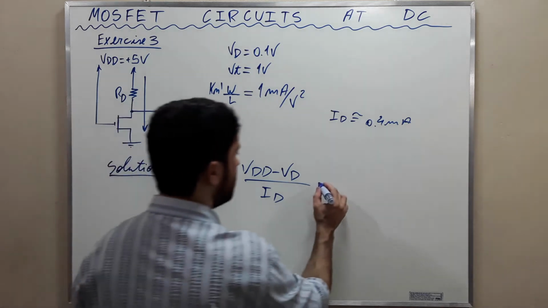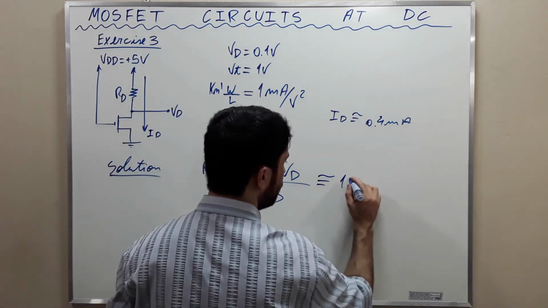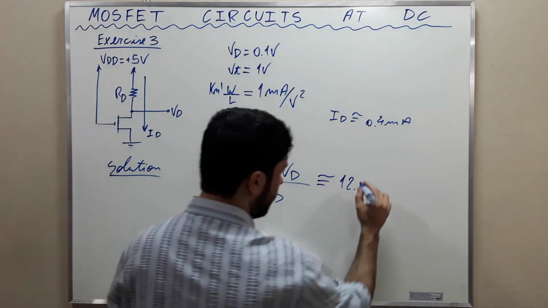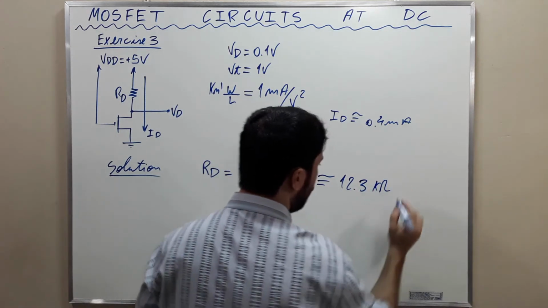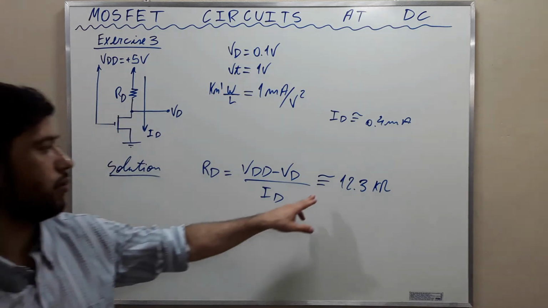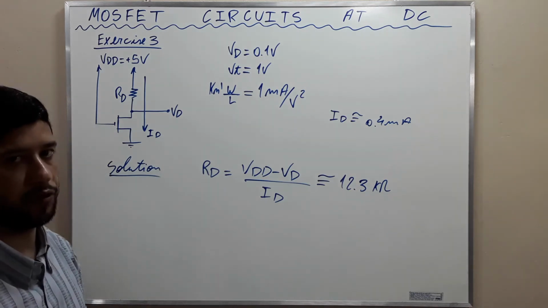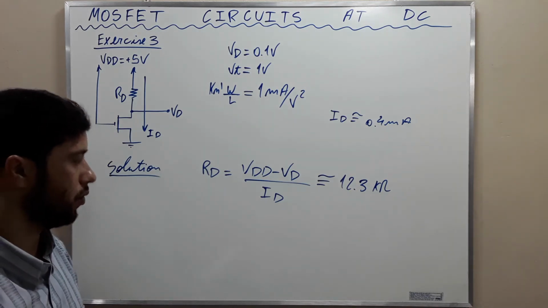And then we find a value of approximately 12.3 kilo ohms. Okay? We are dealing here with approximate values. You don't need to be precise here, okay?